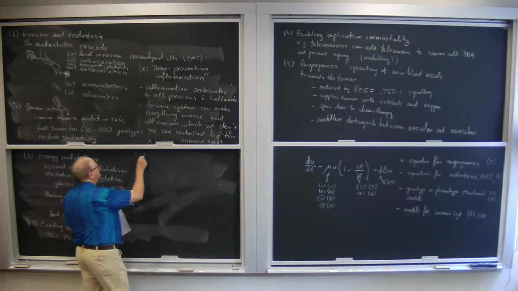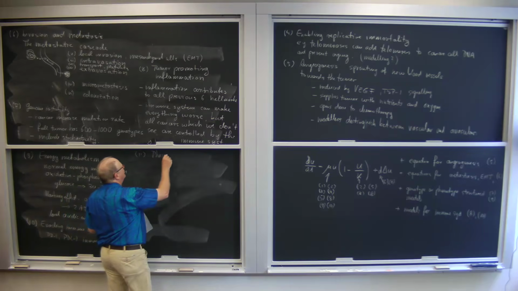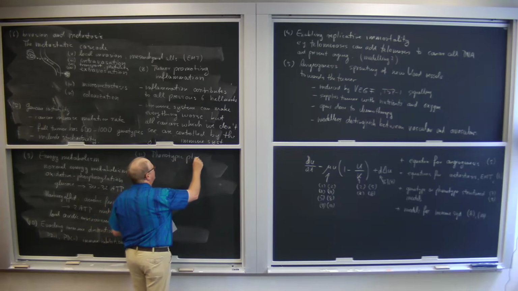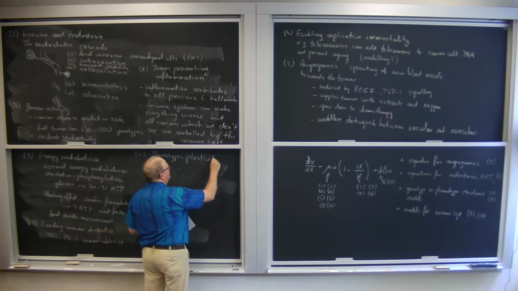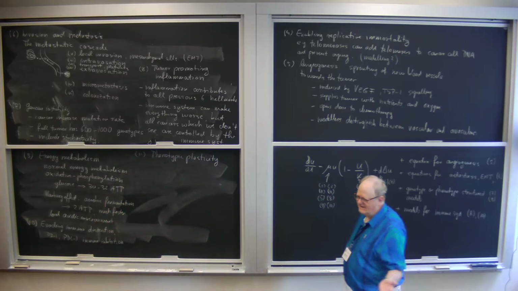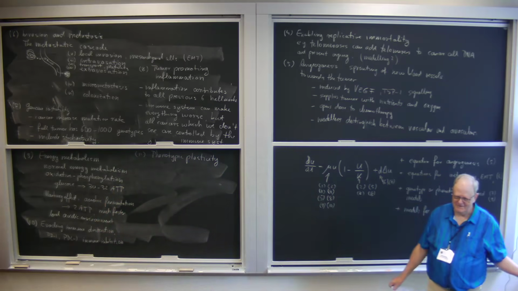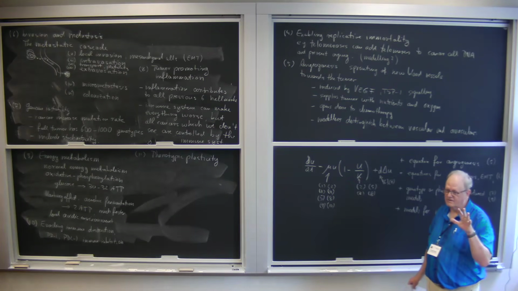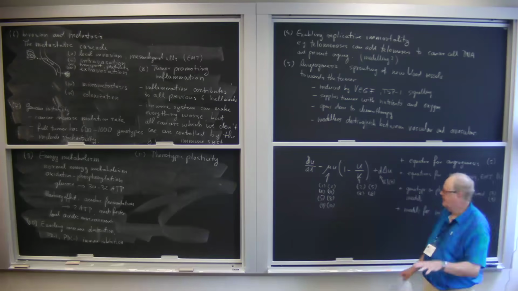Okay, so 11, phenotypic plasticity. I think this is something which we lumped in with the genetic plasticity already, right? So the differences in cell behavior could be phenotypic or genetic or epigenetic and all this.